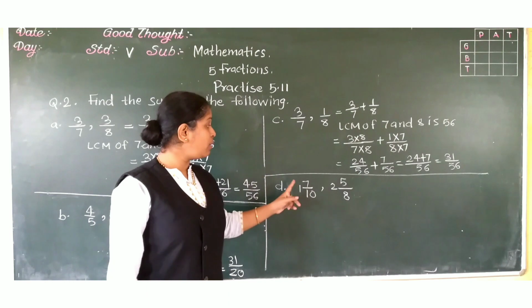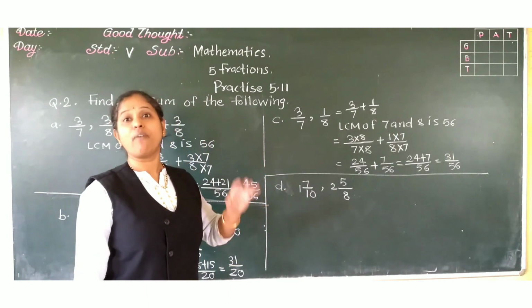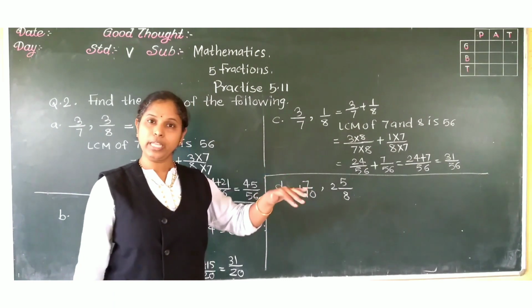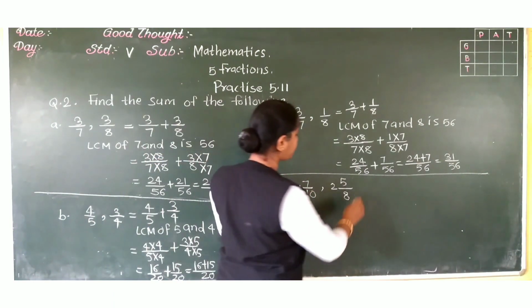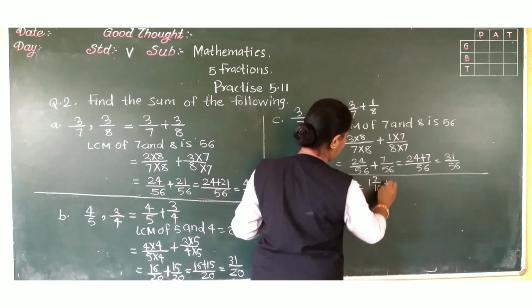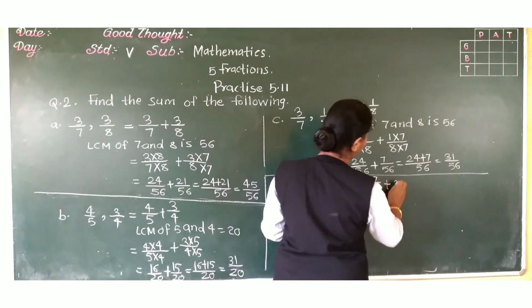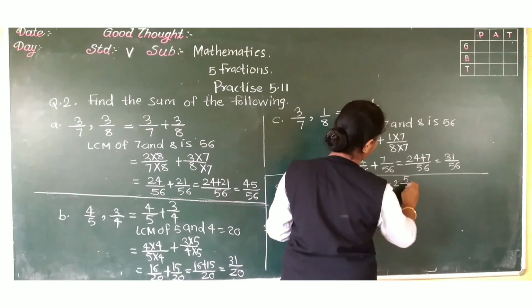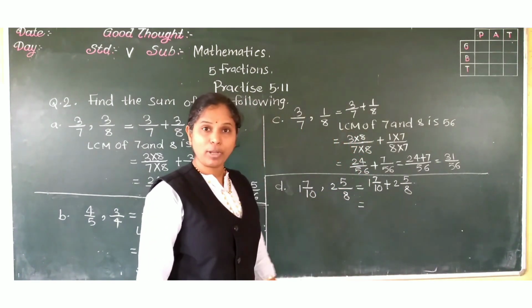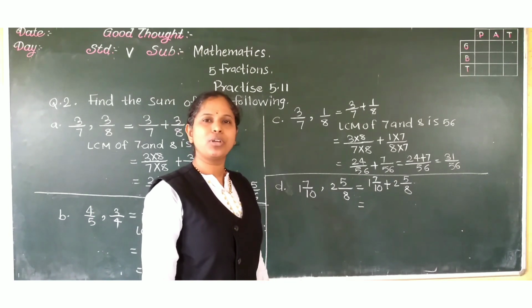Now here see, a mixed fraction is given. So our first work is to convert the mixed fraction into an improper fraction. See here, 1 and 7 upon 10 plus 2 and 5 upon 8. So what to do first? First we will convert it into an improper fraction. Now again, how to convert it?